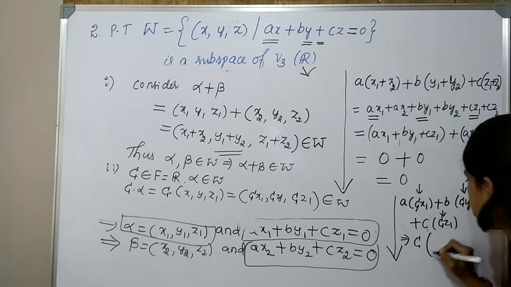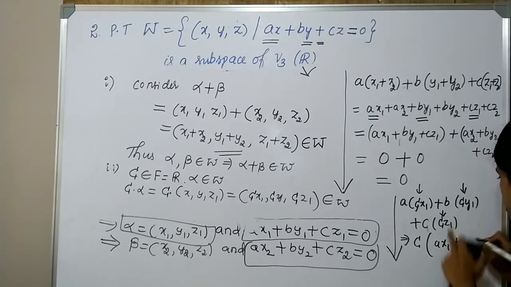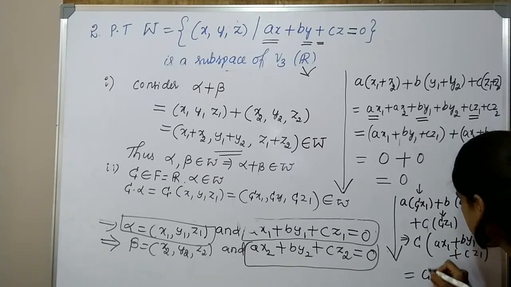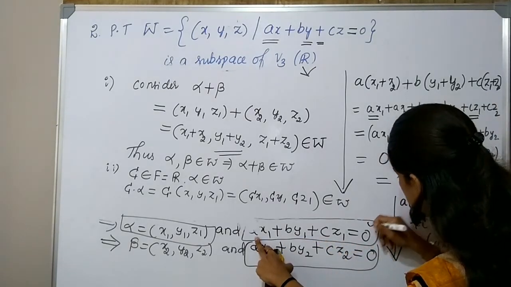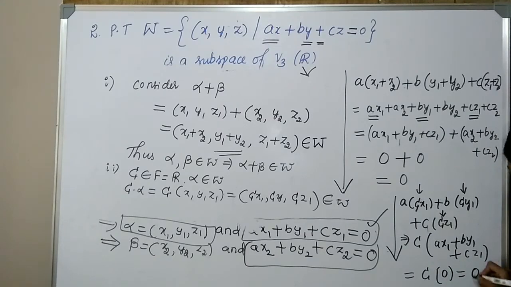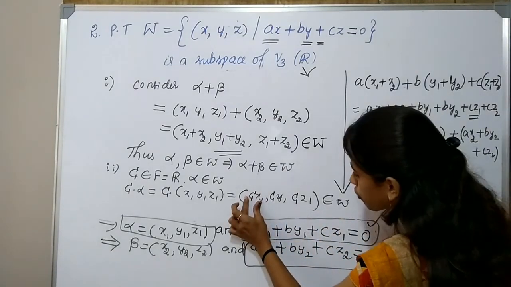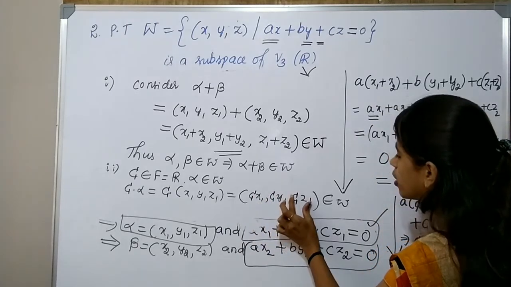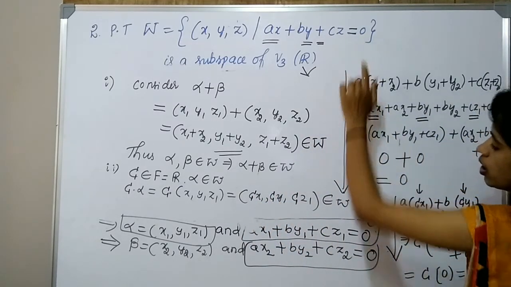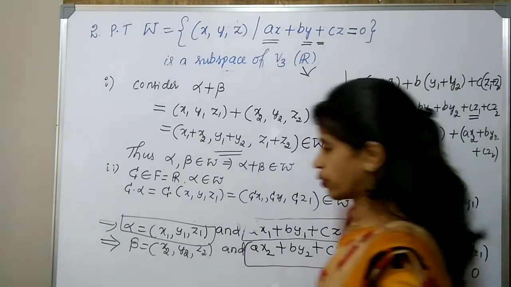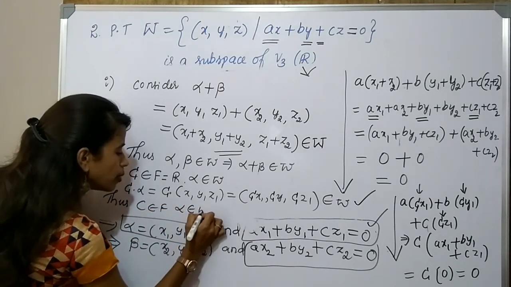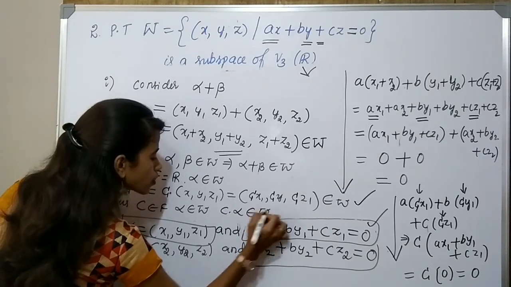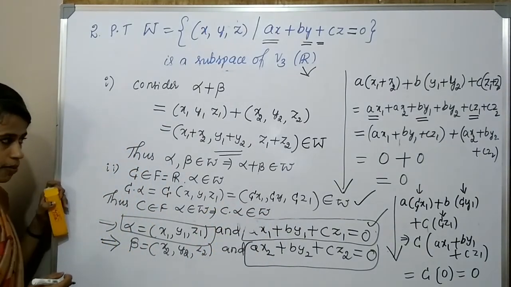So take that outside. We remain with ax1 plus by1 plus cz1. So c times ax1 plus by1 plus cz1 is clearly 0, since c dot 0 is 0. Therefore a into first coordinate plus b into second coordinate plus c into third coordinate equals 0, so it clearly belongs to W. Thus c belongs to F and alpha belongs to W implies c dot alpha also belongs to W. So W is closed under scalar multiplication.